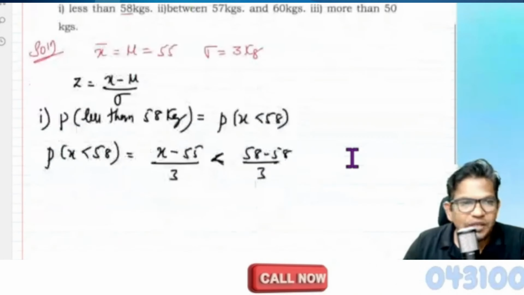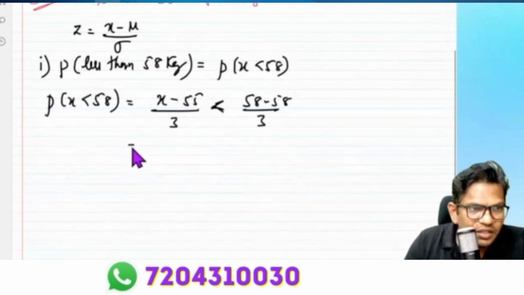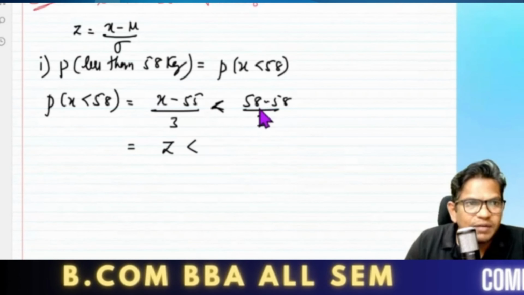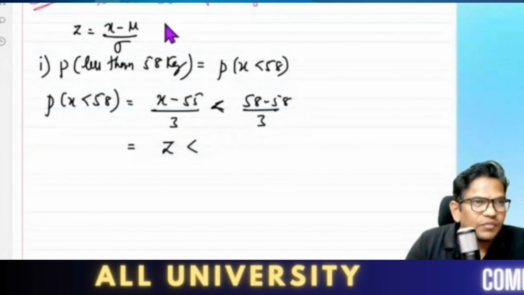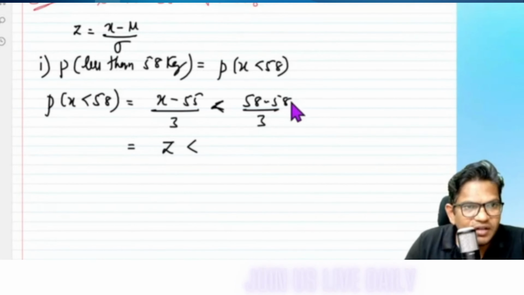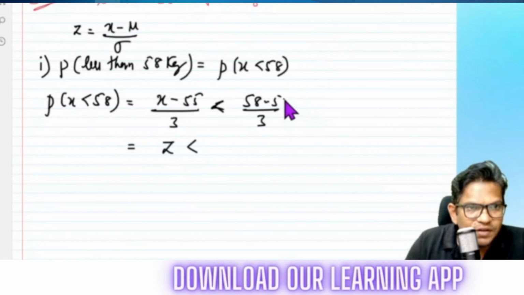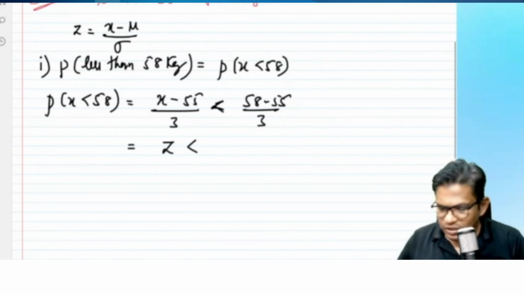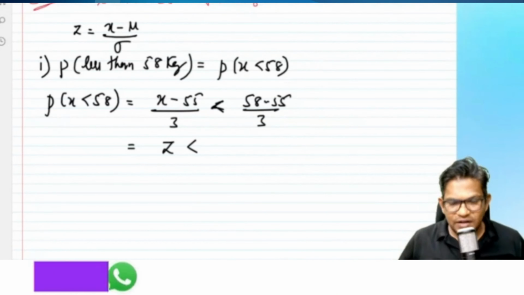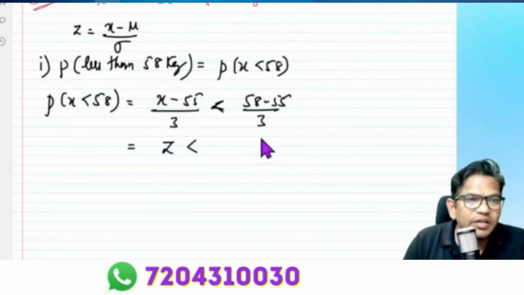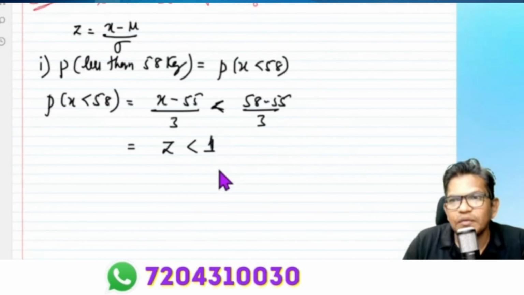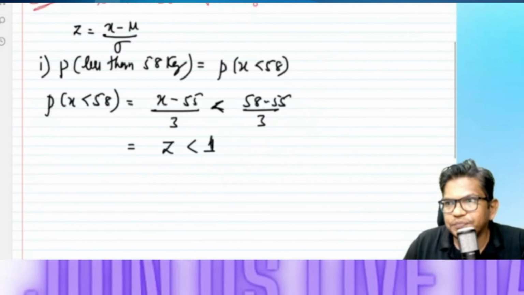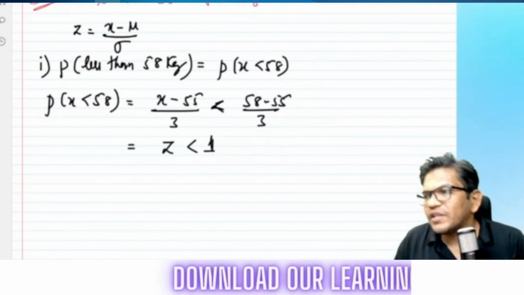So this will be z less than (58 minus 55) divided by 3, that is 55, sorry. What does 58 minus 55 divided by 3 come to? It is 1. Correct? Understood, children? Can we go for the next?